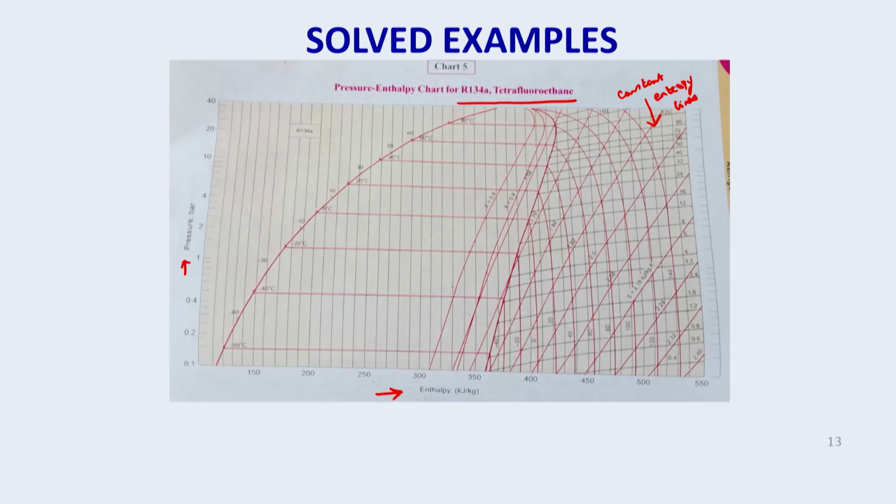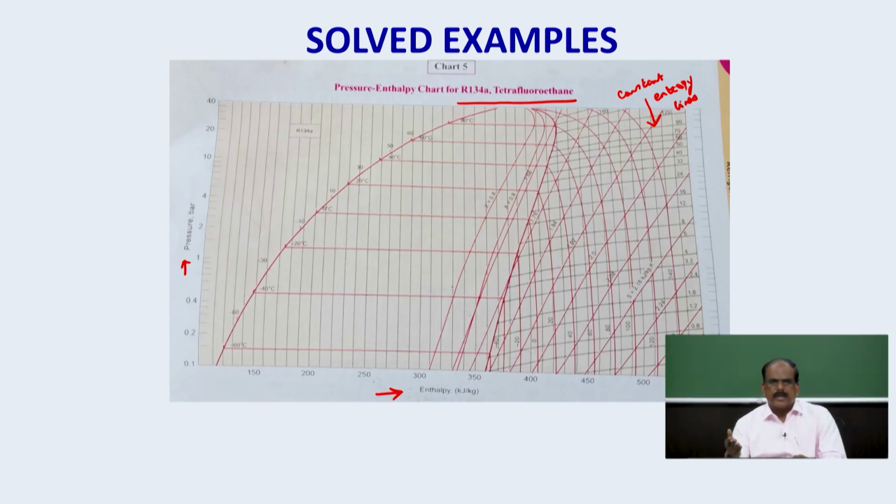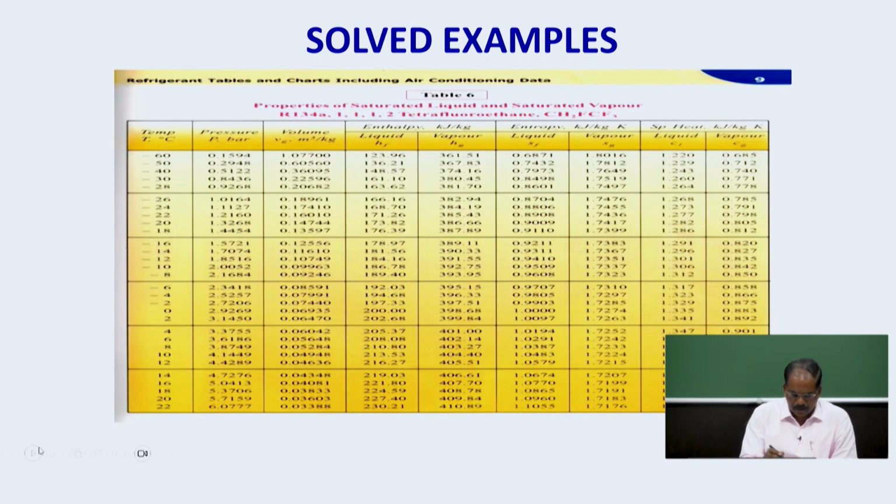So once we know the evaporator and condenser temperatures, using the tables we can find out the evaporator pressure and condenser pressure. Here also the lines are there. These are all the isothermal lines. For example, corresponding to minus 18 degrees, the pressure is 1.44 bar.